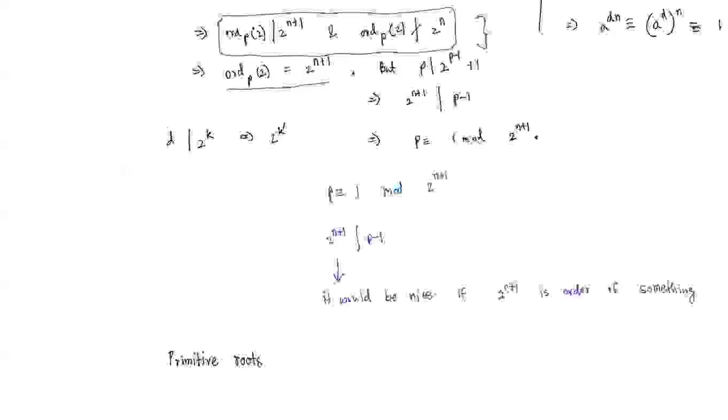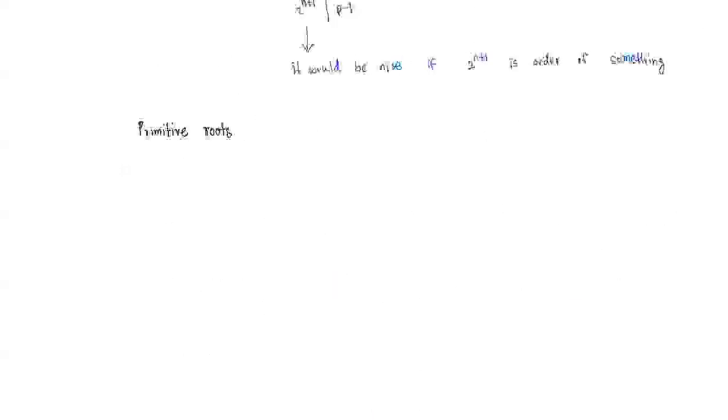So primitive roots. Actually, before going there, let me motivate what primitive roots are and why we should care about such numbers. Remember the case 4 to the power 12 is 1 mod 13, and 4 to the power 6 is 1 mod 13.